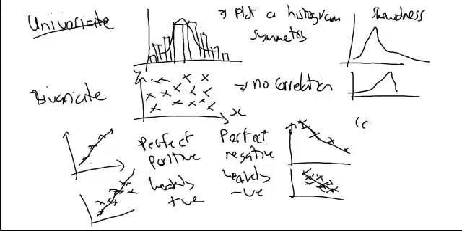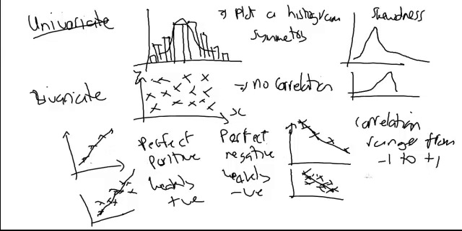We say that the correlation ranges from -1 to +1. So a correlation of +1 means it's perfectly positive, and -1 means it's perfectly negative.